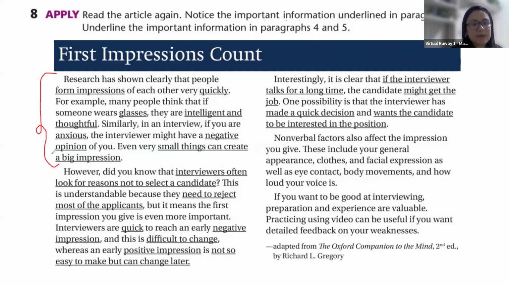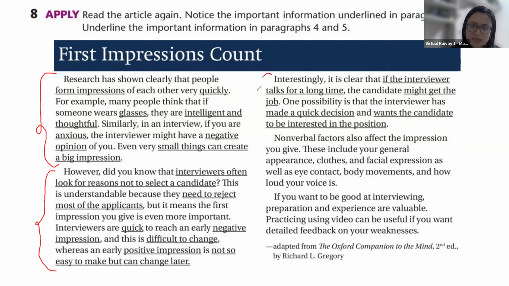So from the paragraph number 1, we have only a few words that are important. Good? Only underline the parts that are very important in the paragraph. The same with paragraph number 2. We underlined, or the book in this case, underlined the important information, not all the text, important ideas.